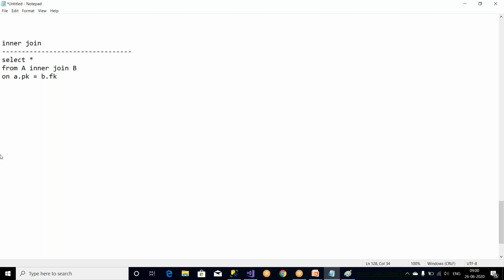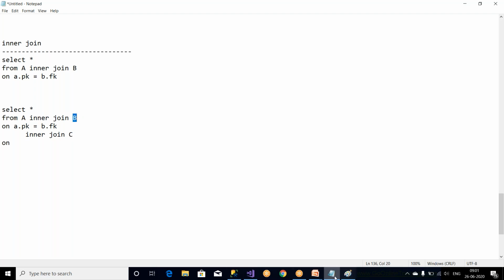But if you want to join three tables, how do you join them? In SQL Server, you say table A inner join table B on condition. Then you can say inner join C, and then you need to write one more on condition. This table is going to join with some table, either A or B. You need a common column, right?